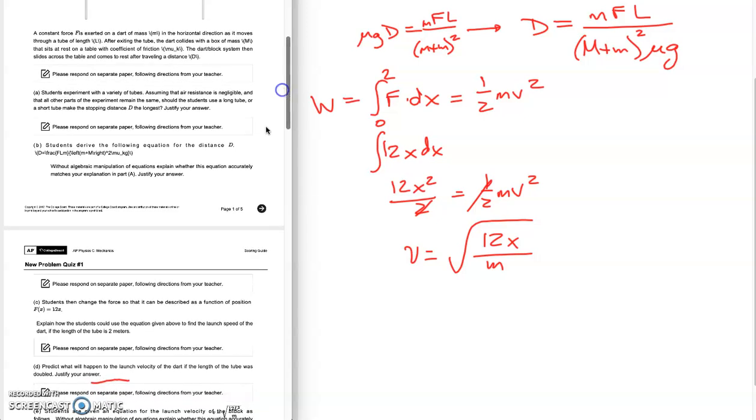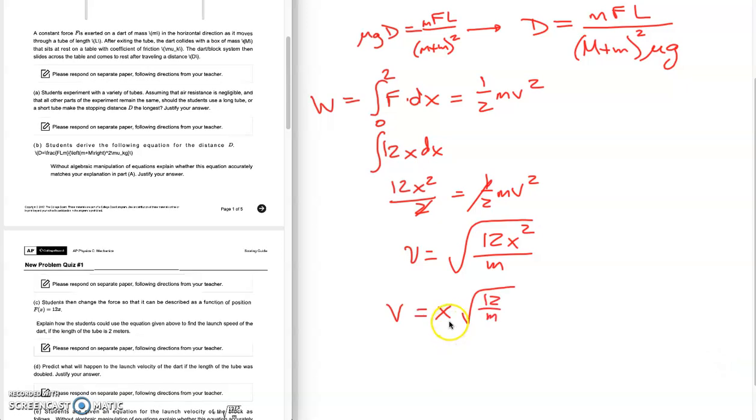All right, part D. Predict what will happen to the launch velocity if the length of the tube is doubled. Okay, so if we double the length of the tube, oh, wait a second, I forgot to write the squared there. All right, so if we double the length of the tube, we're going to square that, but then we're going to square root it. So V is equal to x times the square root of 12 over m.